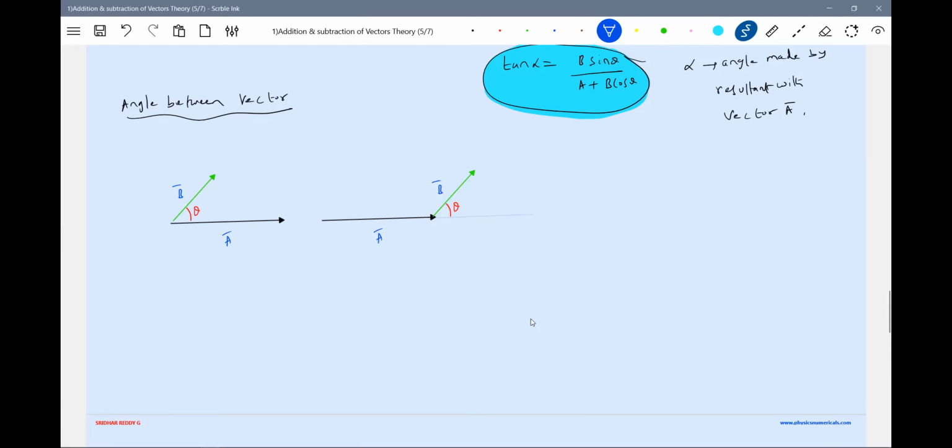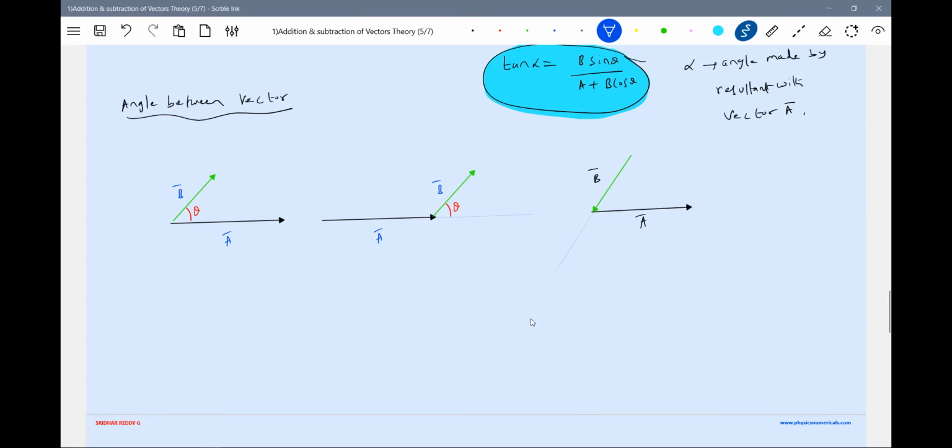Now sometimes you may end up in a situation of this kind. In that case, what has to be done? Suppose I have it like this. What is the angle between vectors? There's a vector A bar, B bar. You just produce this line.